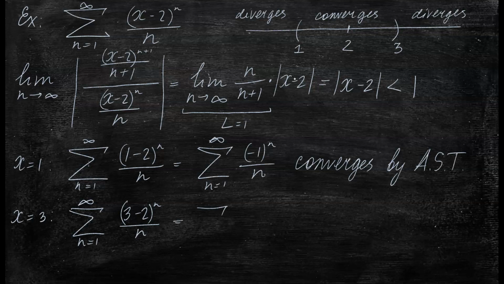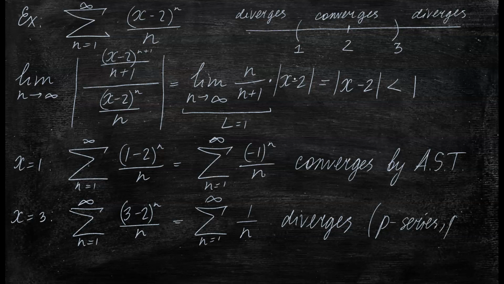But when x is equal to 3, we get the actual harmonic series, which we know diverges because it's a p series, and p is equal to 1. So what we learn is that at 1 the series converges, so we're going to include 1 in the interval, and at 3 the series doesn't converge, so we're not going to include 3 in the interval.